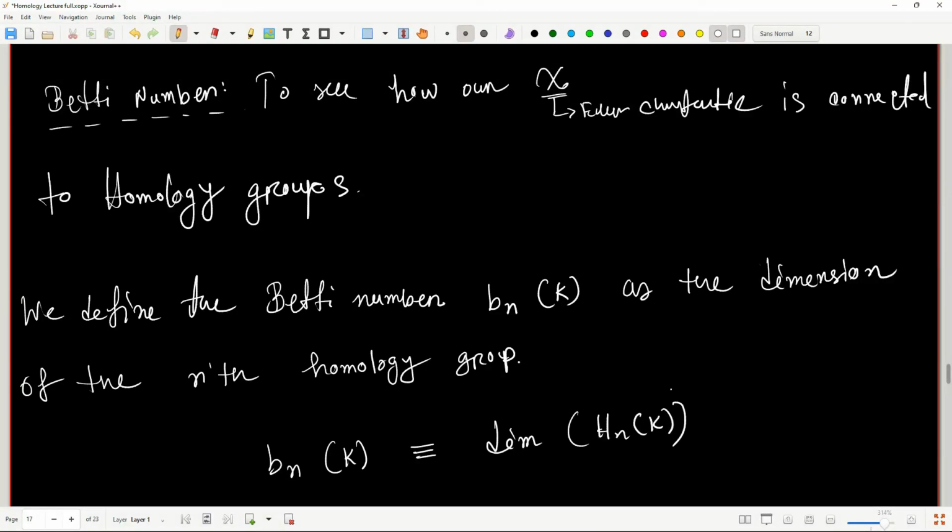It means that your Bn of K is the rank of the free abelian part of Hn of K.